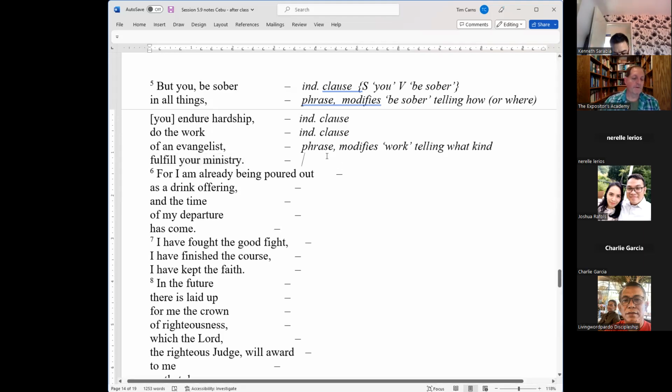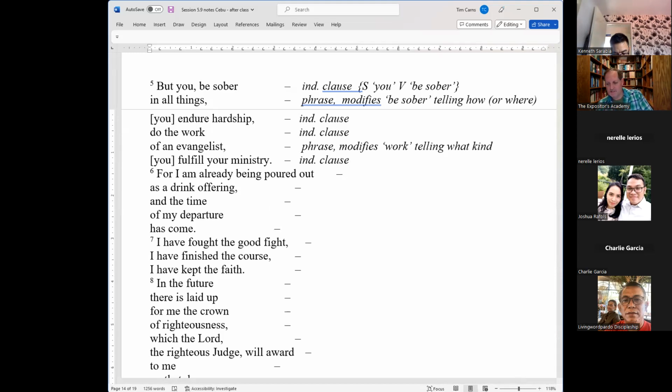Yes, because "fulfill" is a verb. And remember, "you" is the implied subject. Is this independent or dependent, you think? Independent. Yes. So we have a list here of independent clauses. All right, very good. Thanks, Joshua.